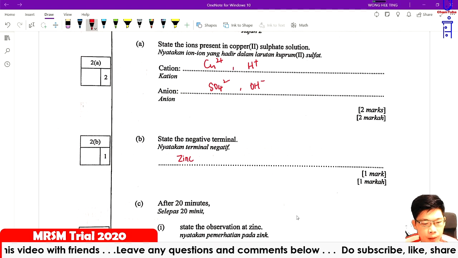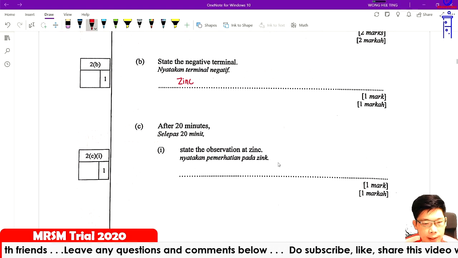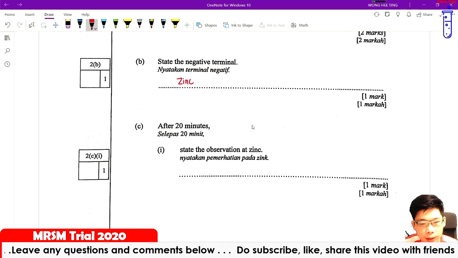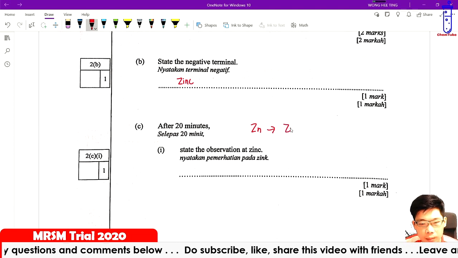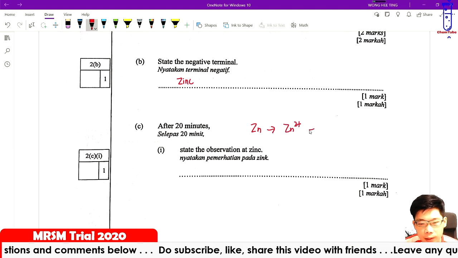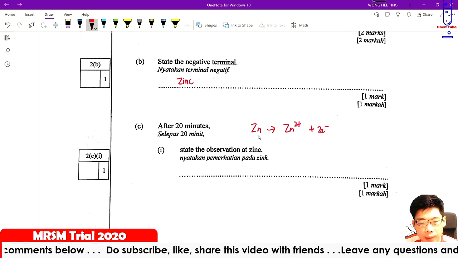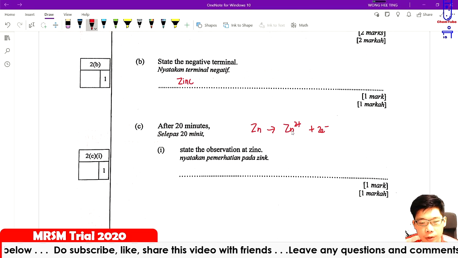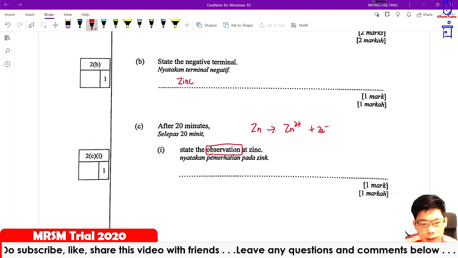So after 20 minutes, state the observation at zinc. Zinc is the negative terminal, the anode, so zinc will undergo oxidation. So zinc becomes zinc 2 plus, losing 2 electrons. So what happens to the zinc? Zinc will become zinc ions, so it ionized. So what is the observation, or what can you see?